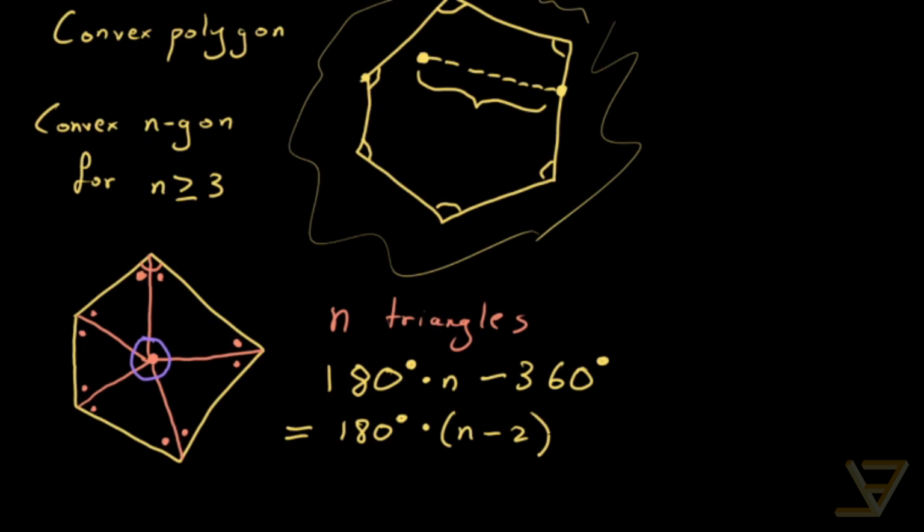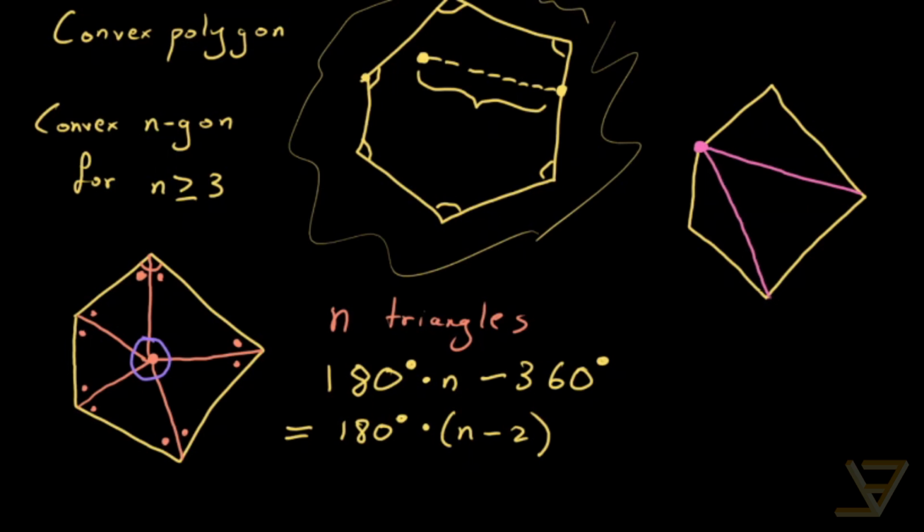I just want to show you one other method that we could have used. So if this is our pentagon again, then what we could have done is that we could have selected one particular vertex and connected it to non-adjacent vertices. There are two adjacent vertices, this one and this one, so we don't have to connect to those.